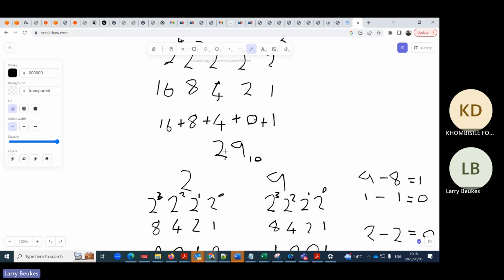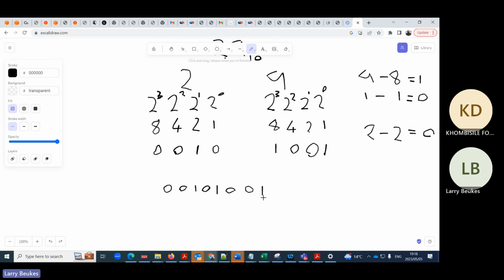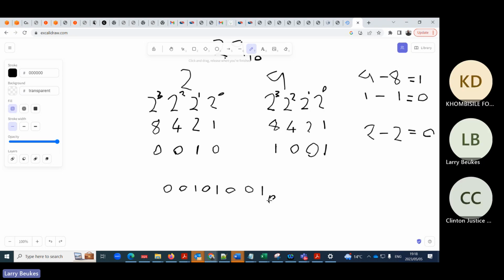We took it first to decimal, then we split it and grouped it into 4s: 2's binary value into 4 digits, and then 9's binary value into 4 digits as well. So this was our answer. So here we need to write B, C, D. Understandable? Yes, understandable. All right.